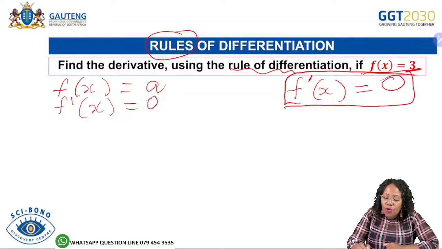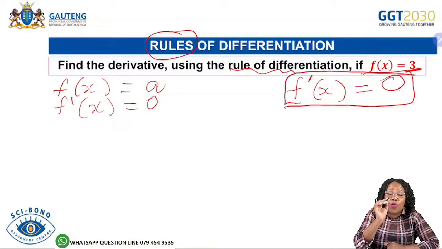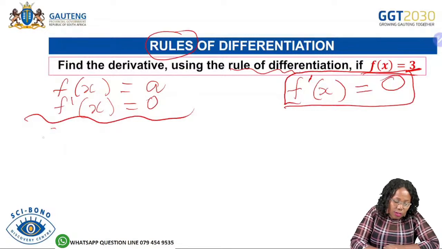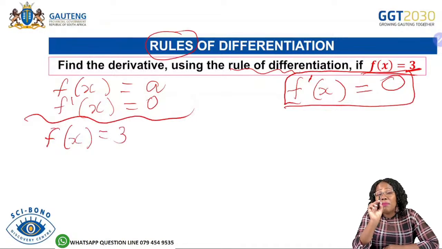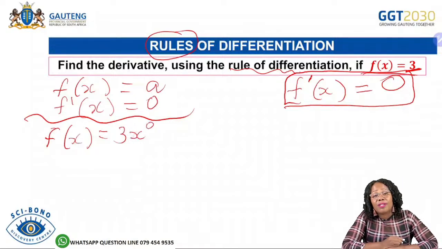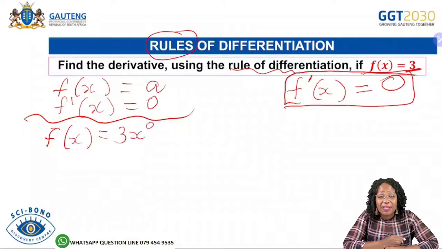Grade 12, where does this come from? You don't have to show us. I am showing you for interest's sake why we say the derivative of this will be 0. If we are given f of x equals 3, do you still remember that we said there's an x to the power 0 there, which is representing a 1, of which 3 times 1 will still be a 3.